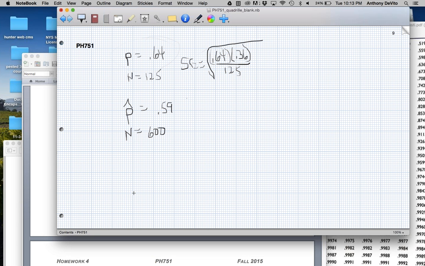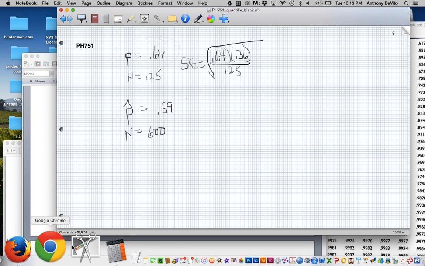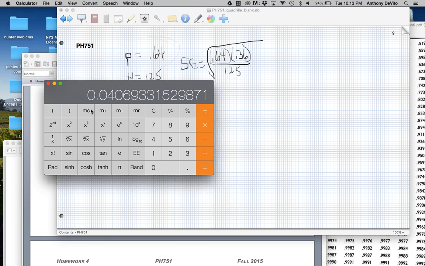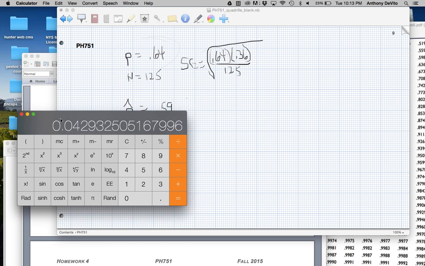This is a little bit of a curveball from the kinds of problems you were getting before. So 0.64 times 0.36 divided by 125, and taking the square root of the whole thing gives 0.0429.